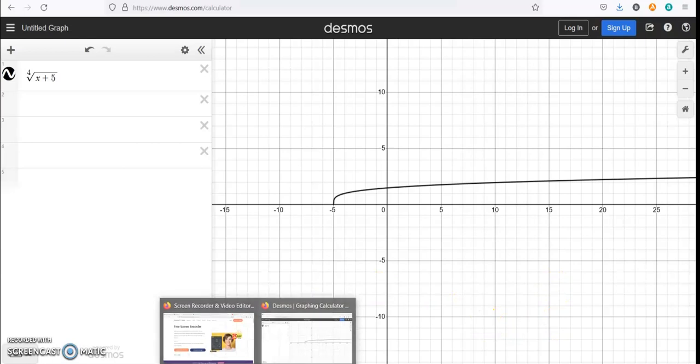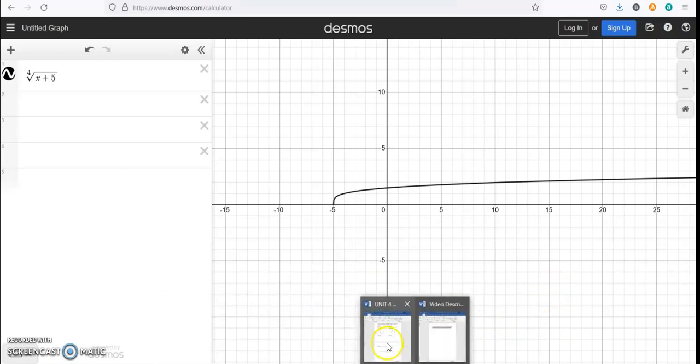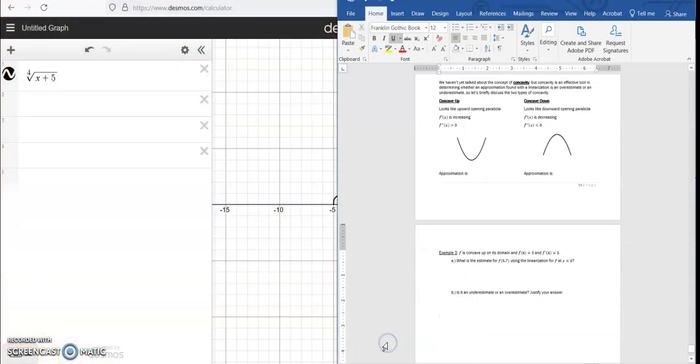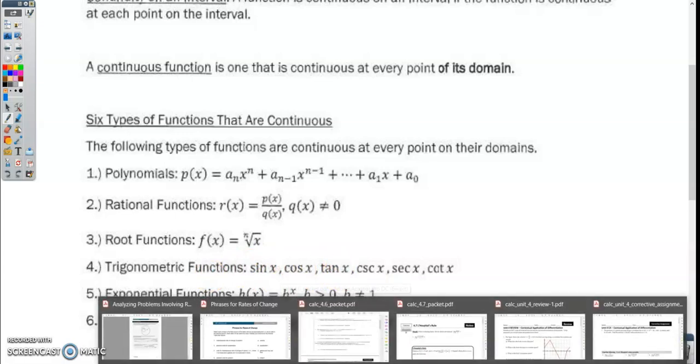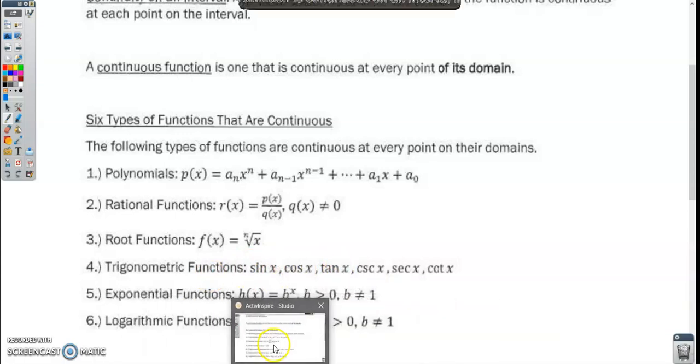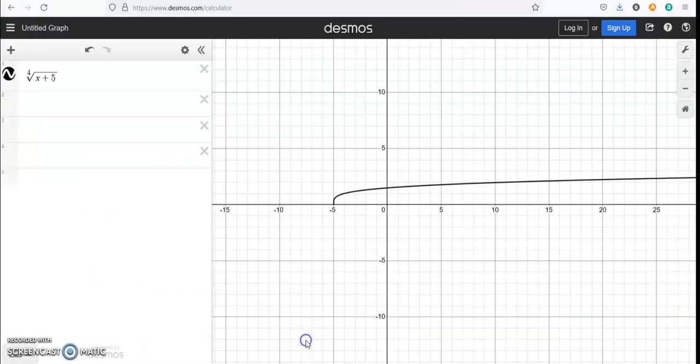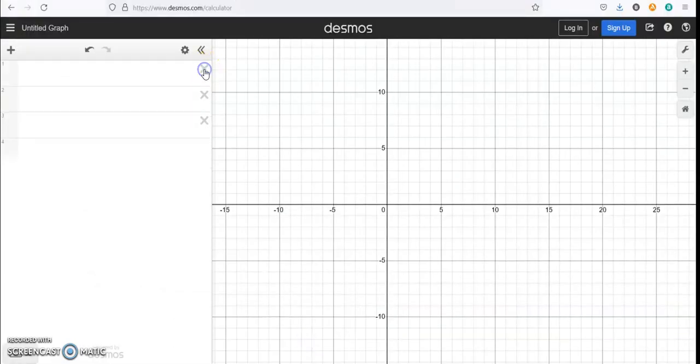Okay. What else do we got up here? Oh boy, I hate when I click on the wrong thing. Trigonometric functions. The sine and the cosine, it's pretty obvious and clear to us that that's the case. But the other trig functions, not necessarily as clear and obvious.